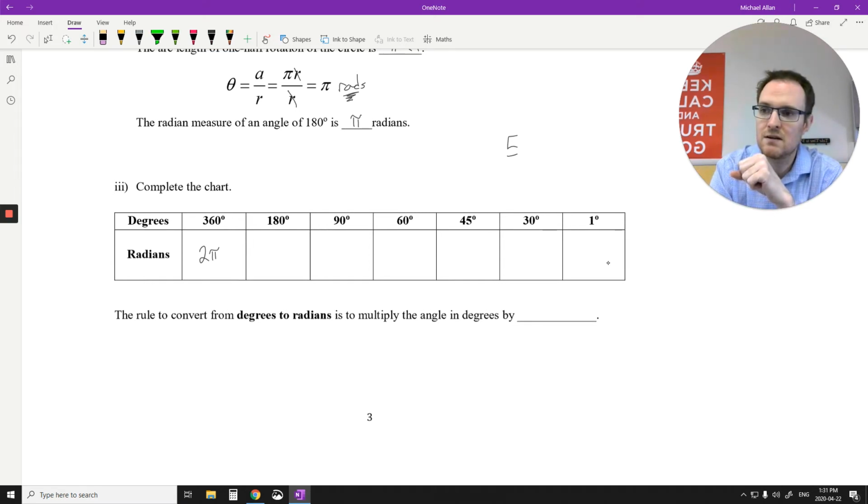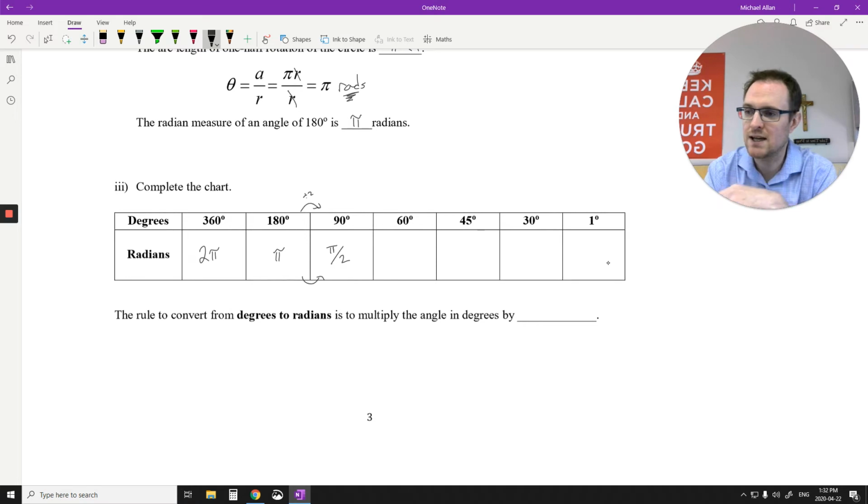So 180 is a pi. Now, to go from 180 to 90, we would divide by 2. So to go from pi to the next one down, I would divide by 2.